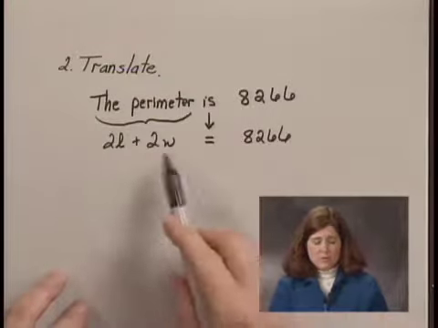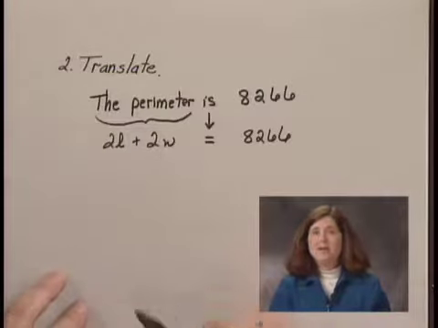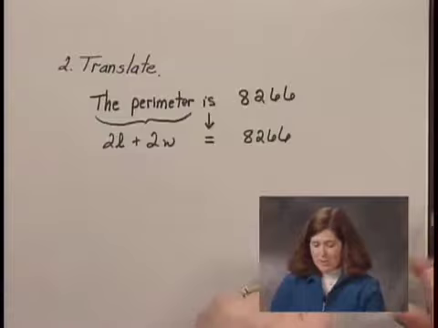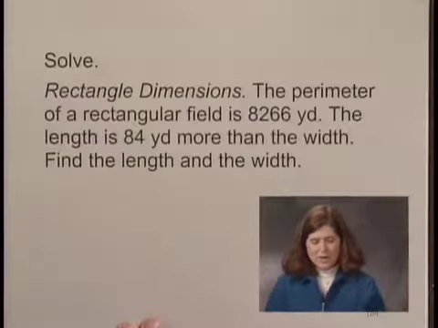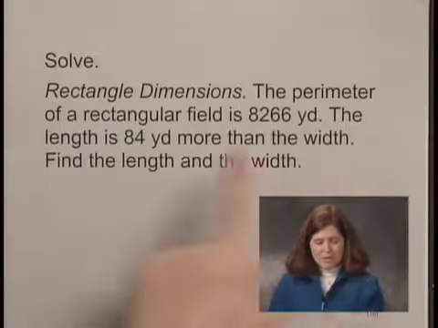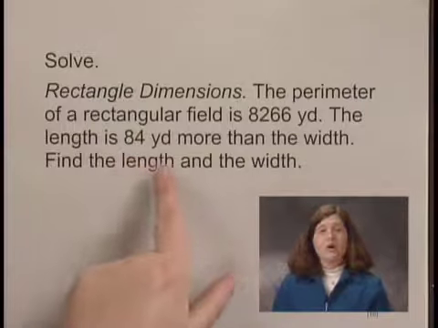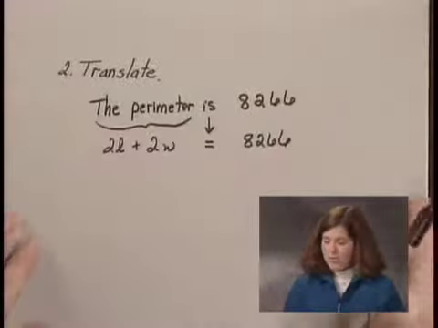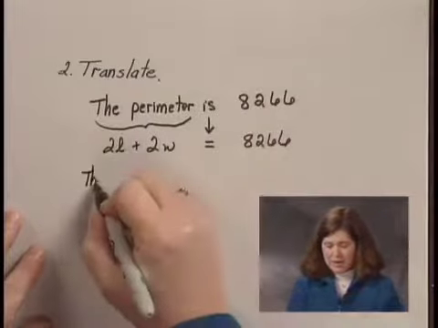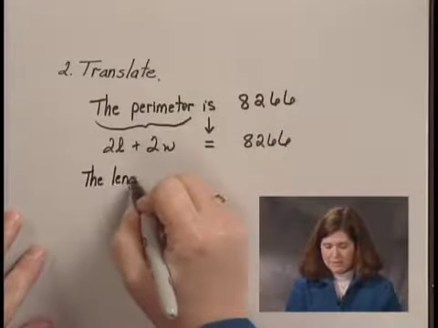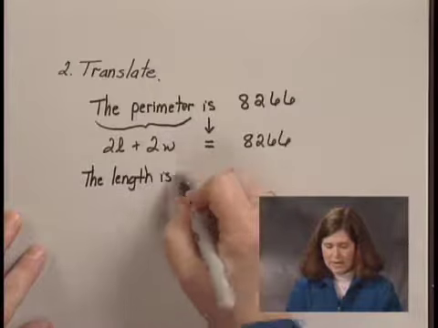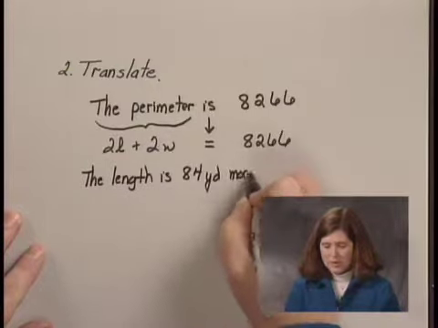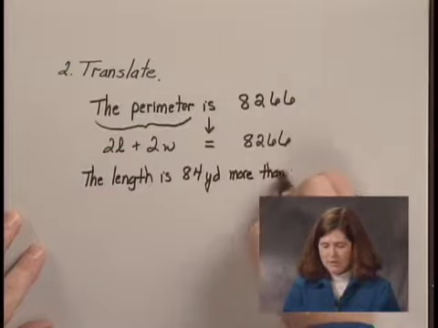Since we have two variables, in order to solve for L and W, we need another equation. And here's where you might look back at the problem and ask yourself what other information is given. Well, we were given that the length is 84 yards more than the width. So I'm going to write that. The length is 84 yards more than the width.